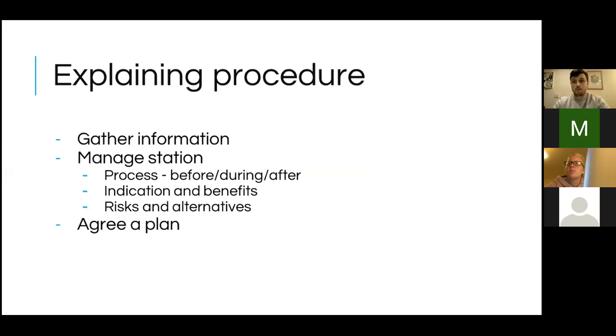The final type of communication station will be explaining a procedure, and this can be anything from endoscopy to inhaler technique. It's quite a common station that you might be asked to explain.